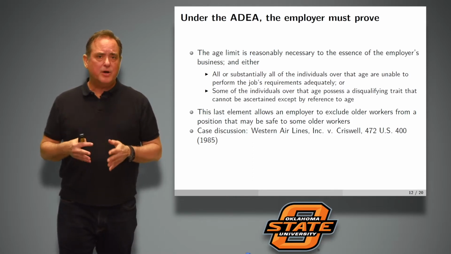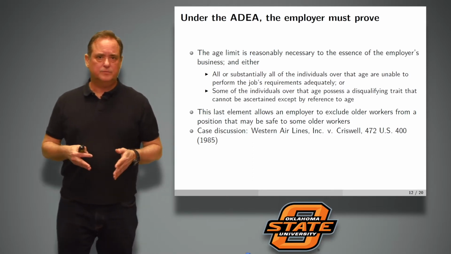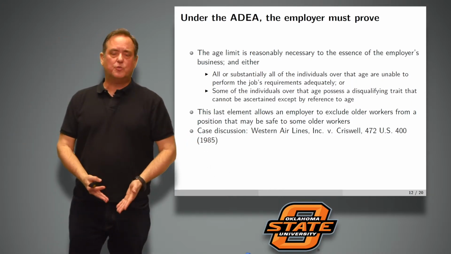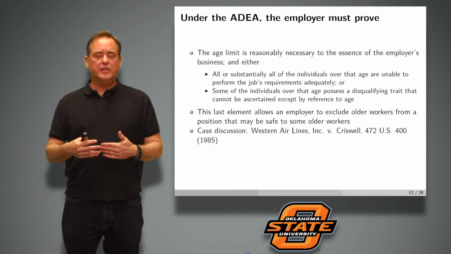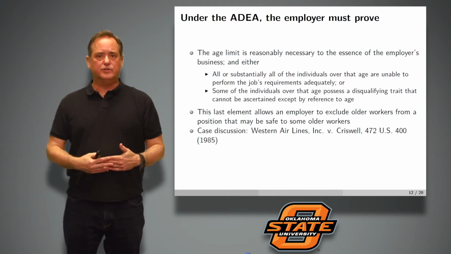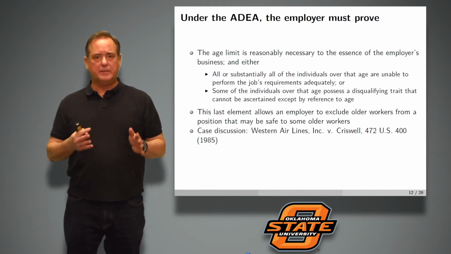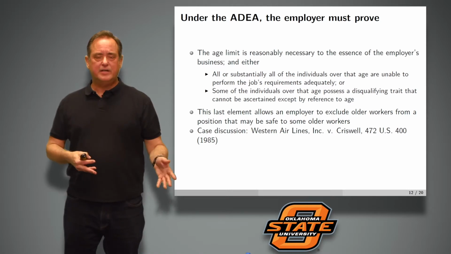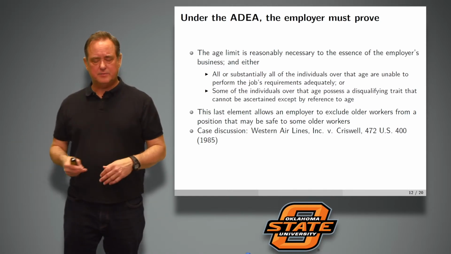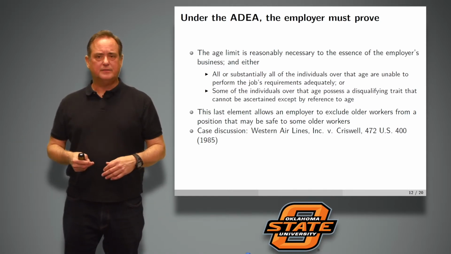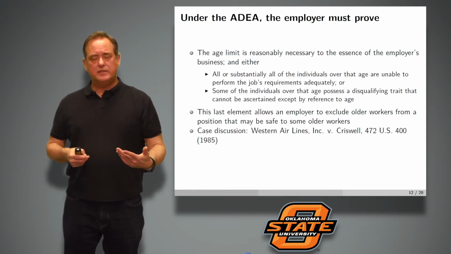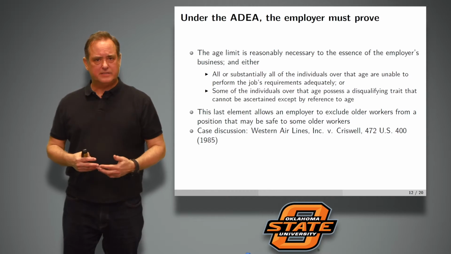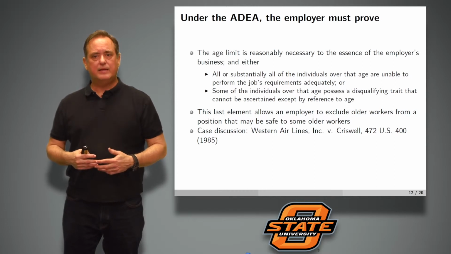But they also imposed a limit of 65. Again, arbitrary, not sure why they picked that number, but the idea really was this will ease you out of your job into retirement. This will cover that 5 years between the time you stop flying and the time you actually retire. Mr. Criswell was terminated when he turned 65.